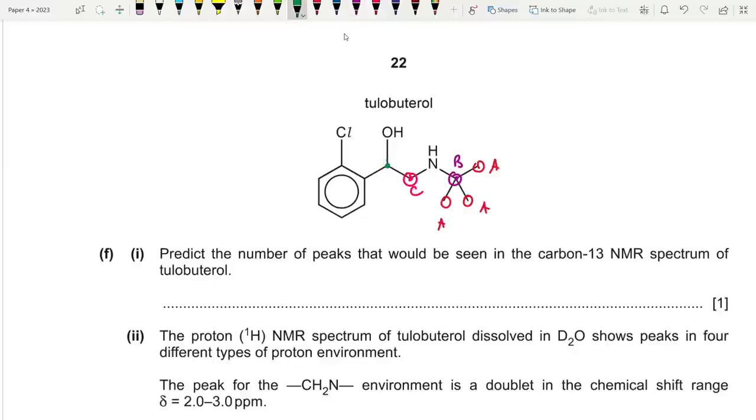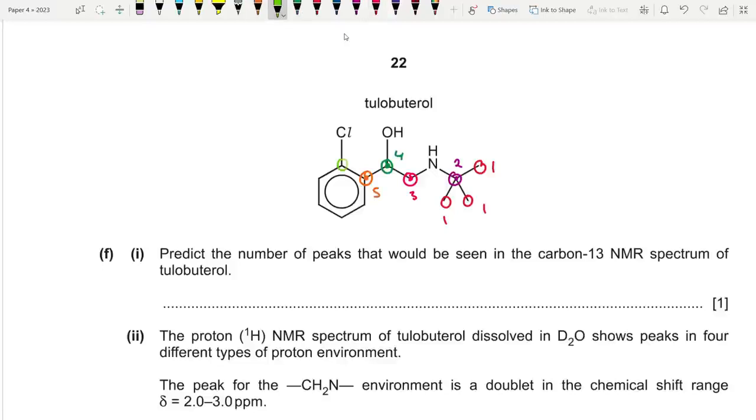There's nobody like this one. Now if we go next, this carbon is unique too. Why don't we use numbers instead? It's going to be easier for you guys to follow. 1, 1, 1, same environment. Environment 2, environment 3, environment 4, environment 5.